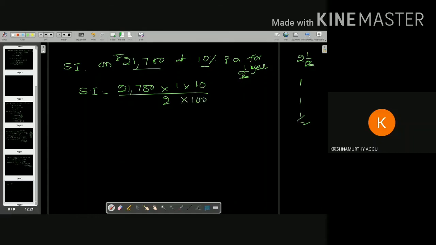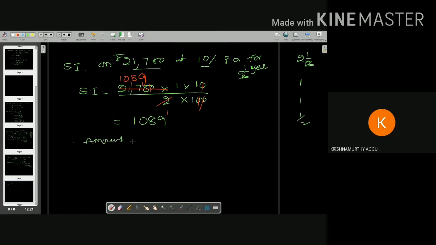Next cancellation. This 0 with this 0, this 0 with this 0. If we cancel, next 2 how many times? 2 times are 20, 1 left, 1 7. 2 8 times is 16, 1 left, 1 8 is 18, 2 9 times. 1089 is left with us.